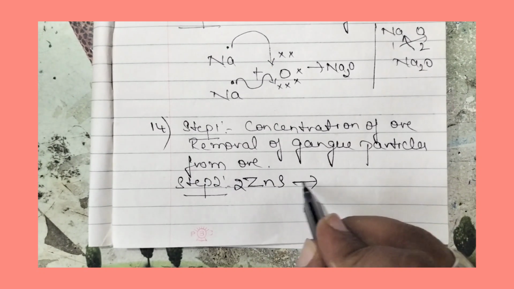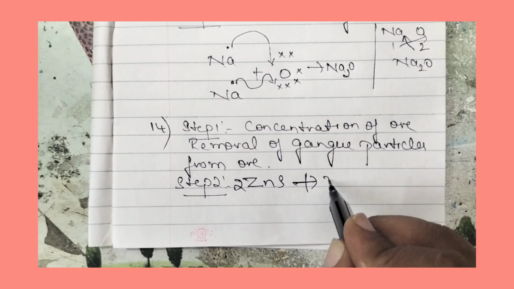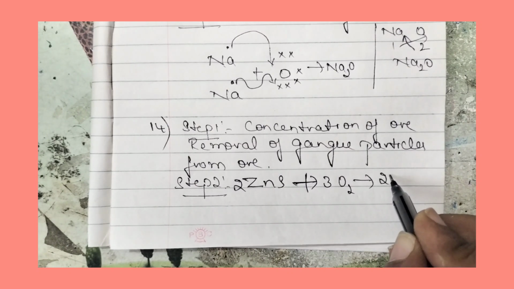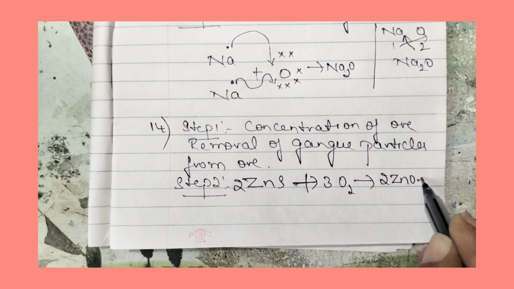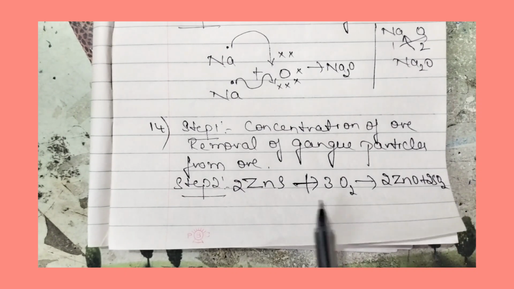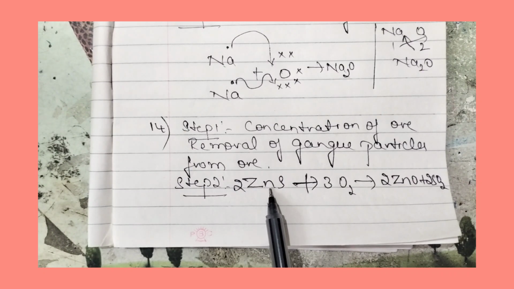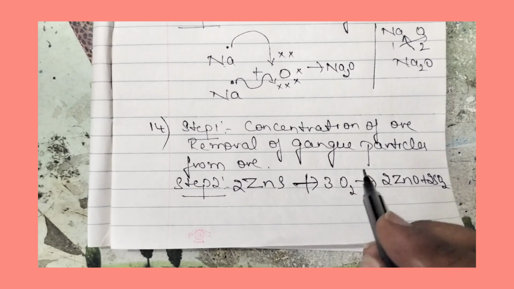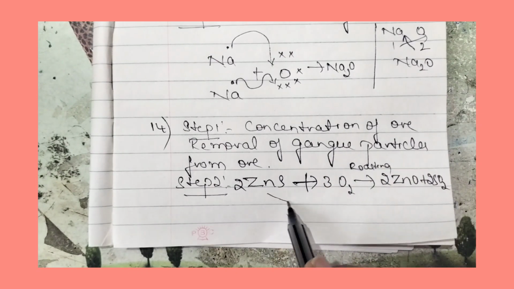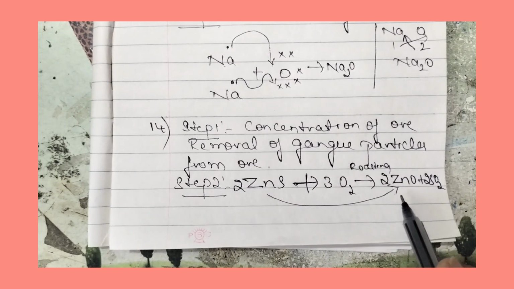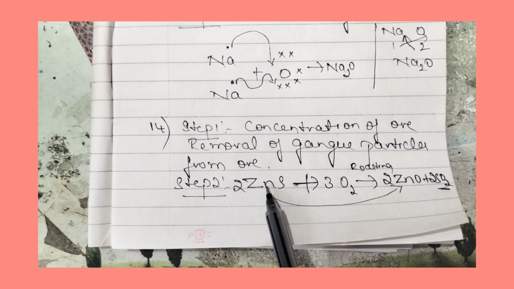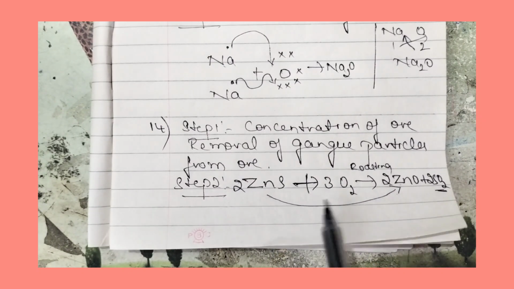This ore is heated in presence of oxygen to form 2ZnO plus 2SO2. Zinc sulfide, which is called zinc blende, is heated in presence of oxygen. Converting sulfide ore into oxide ore releases sulfur dioxide, and this is called roasting.